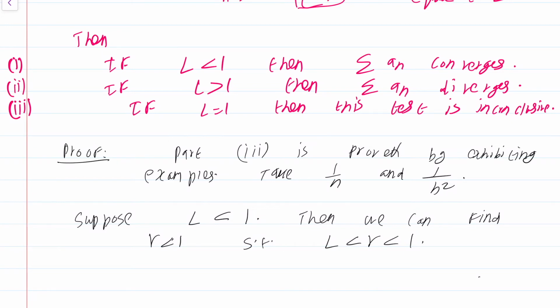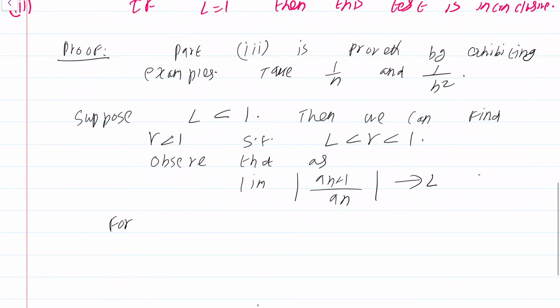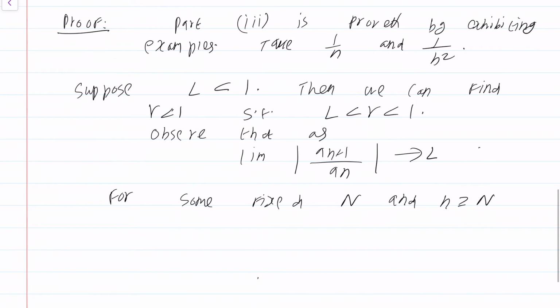You will understand in a moment why I have chosen this R this way and why I have used the notation R. Now observe that as limit mod an plus 1 by an converges to L, for some fixed capital N and small n greater than or equal to capital N, we have mod an plus 1 by an is less than small r. Justify this.